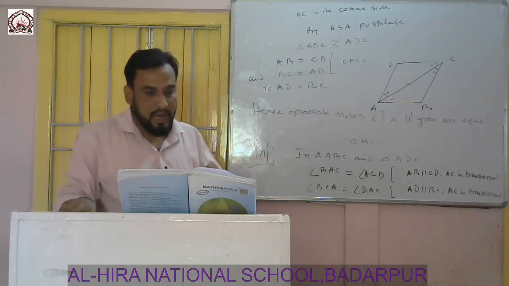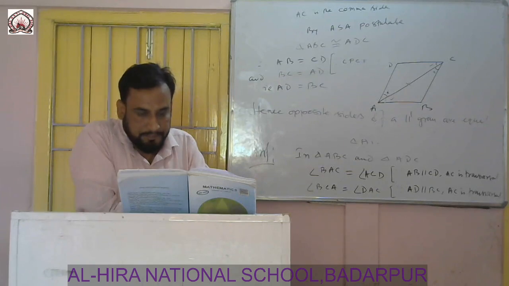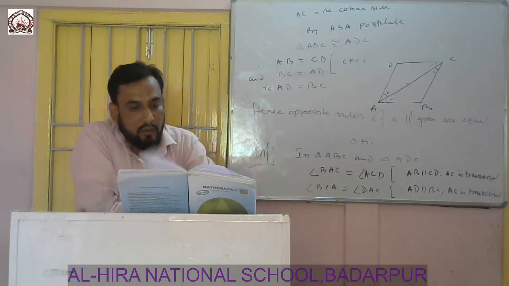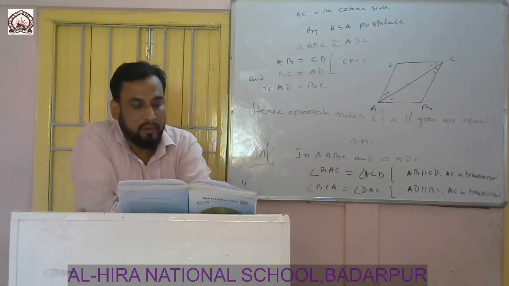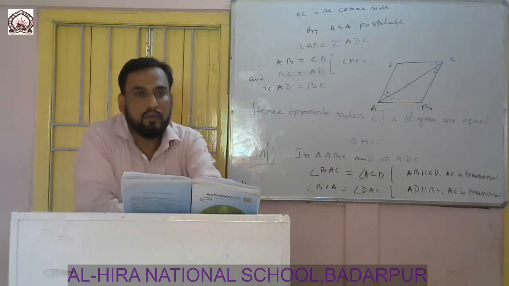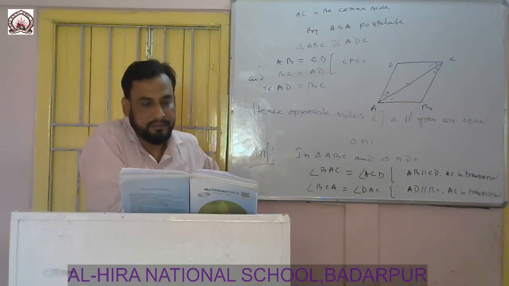So theorem 8.3 is over. Now we will prove the next theorem. We will try to solve 5 theorems at least. If not possible, then 4, and then we will discuss 2 or 3 questions from exercise 8.1.